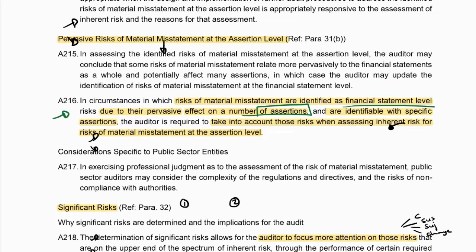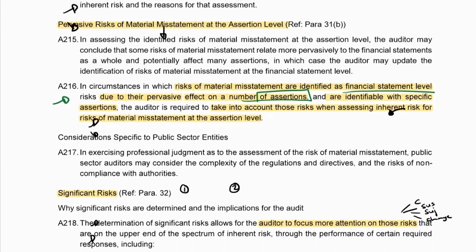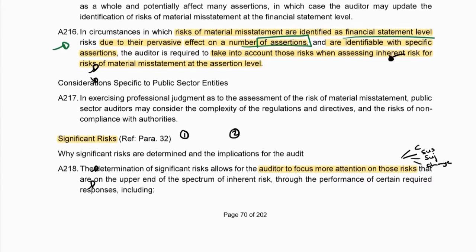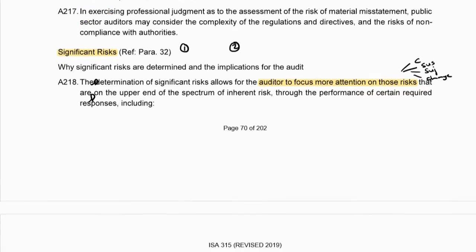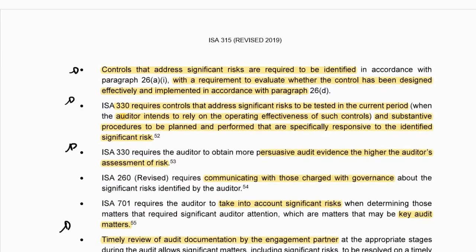So I'm not just going to look at the information specific to that account balance or class of transaction. I'm going to consider risks at a financial statement level too. Okay, I'm going to see if there are any significant risks that require more attention, because there's a whole bunch of responses that we need to look at.